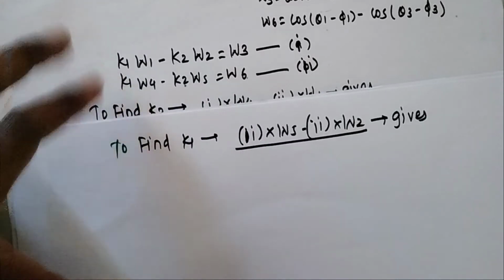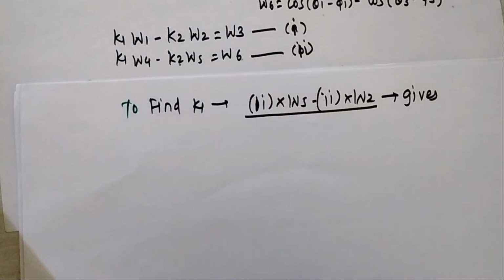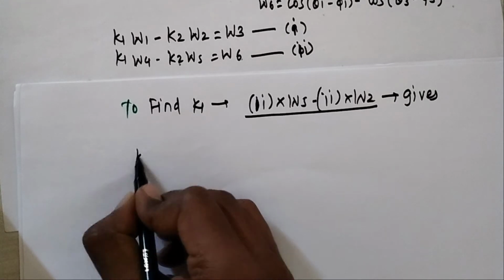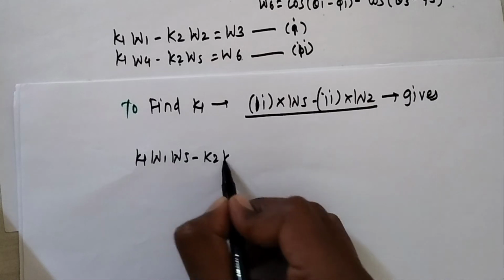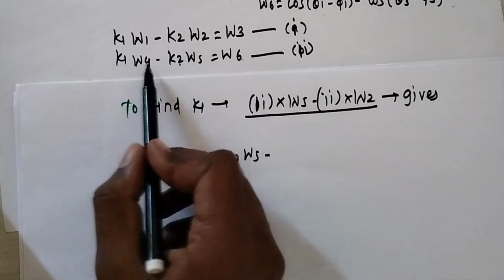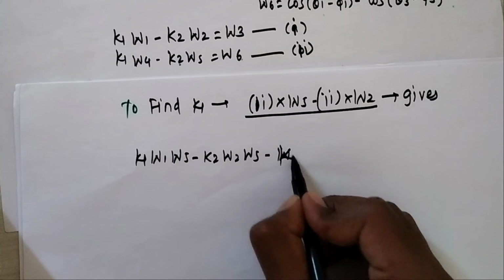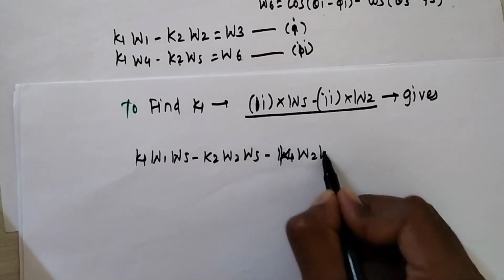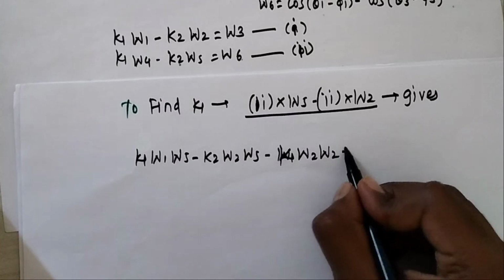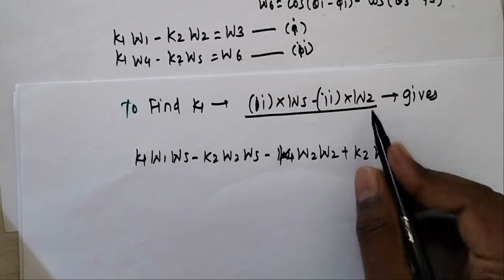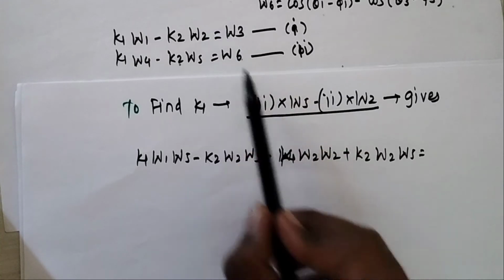So what I obtain is, just simple K1 W1 multiplied by W5. So K1 W1 W5 minus K2 W2 W5 minus the second equation multiplied by W2. So it is the left hand side, of course, K1 W2 W4, this minus becomes plus, it will be K2 W2 W5, and on the right hand side it is W3 multiplied by W5, W6 multiplied by W2.